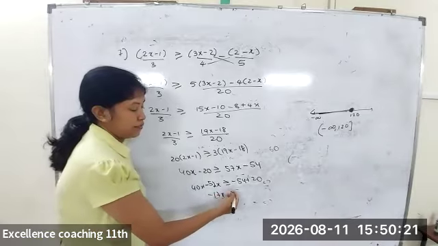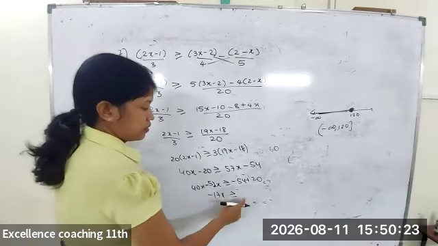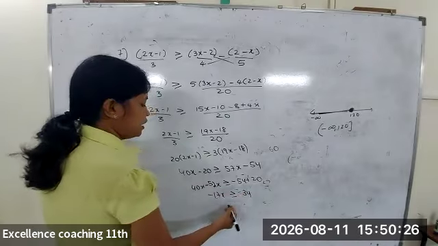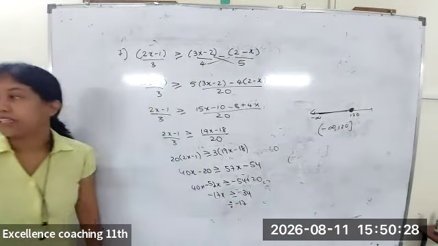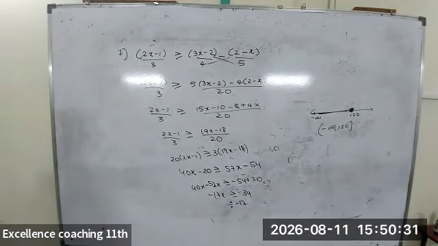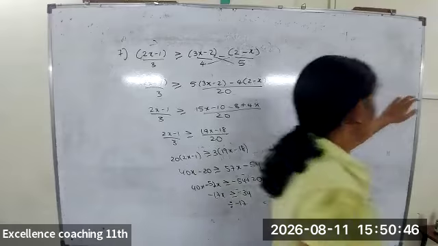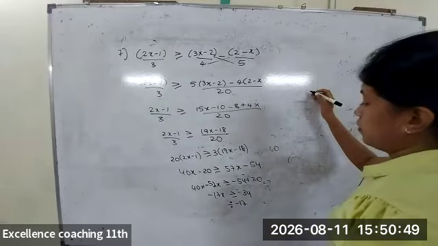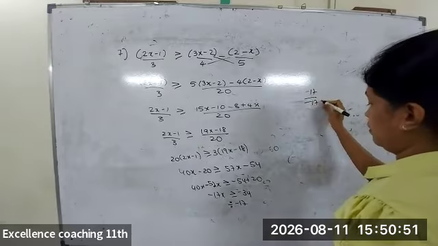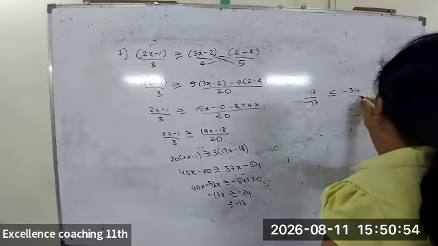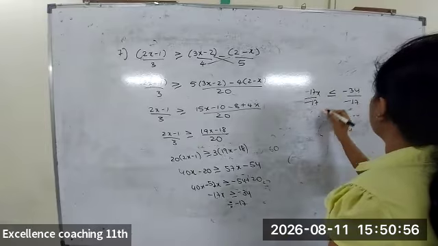Minus 17x. Divide by negative 17. Divide throughout by negative 17. Change the sign, because if you don't change the sign, everything goes wrong there.